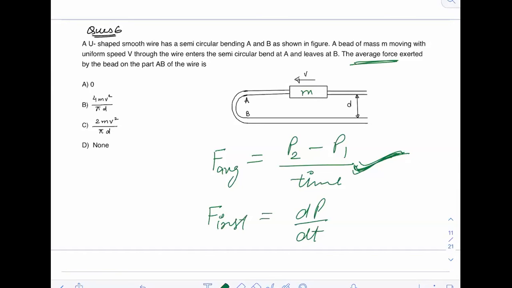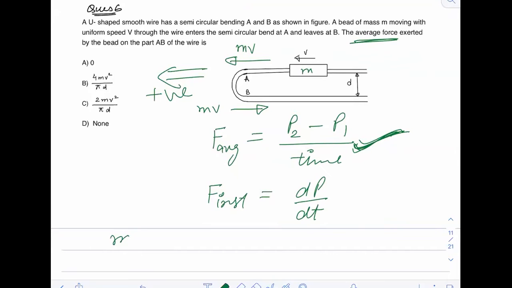See here. If this bead is moving with the v velocity in this direction, it is having momentum mv. If it is at B, it will have a momentum in this direction. Now, any one direction I'm assuming as positive, so I'm assuming that this direction is positive. So what you will write? mv minus of minus mv, you will write.